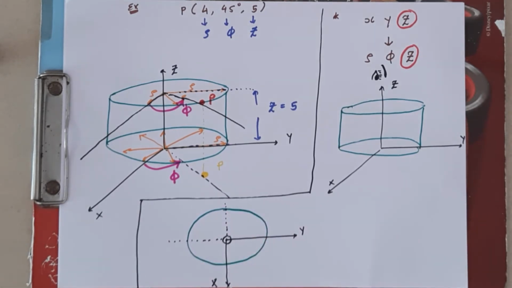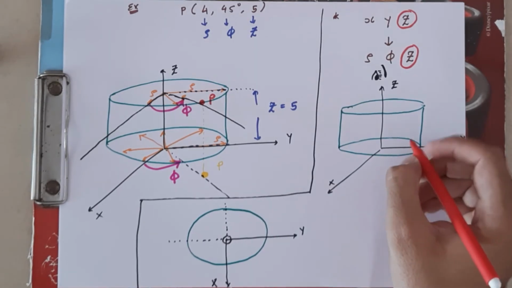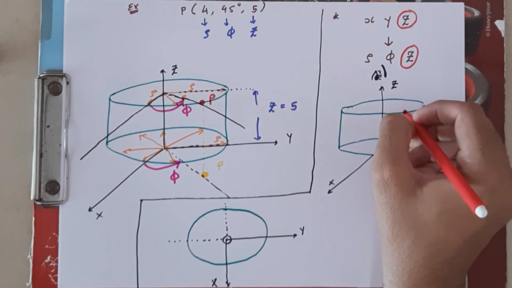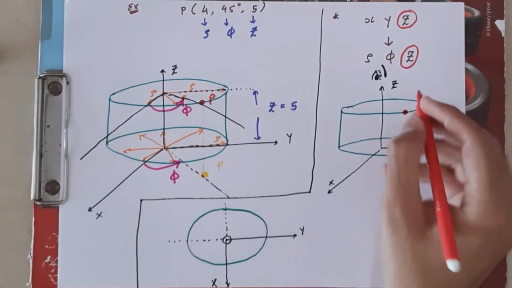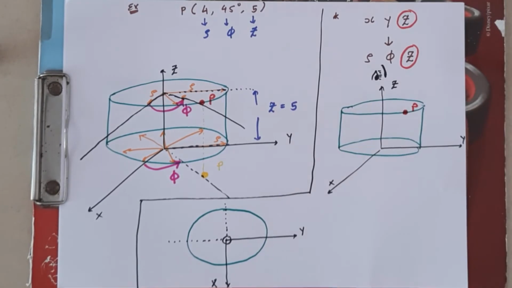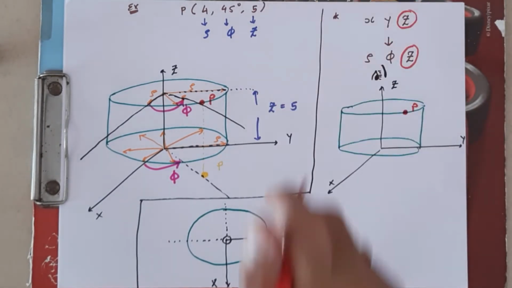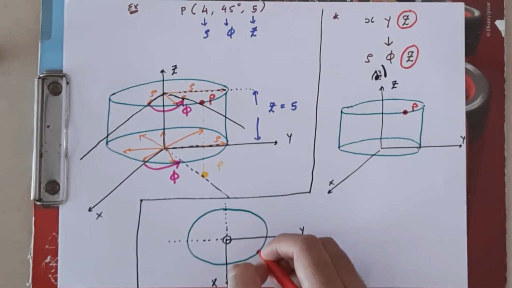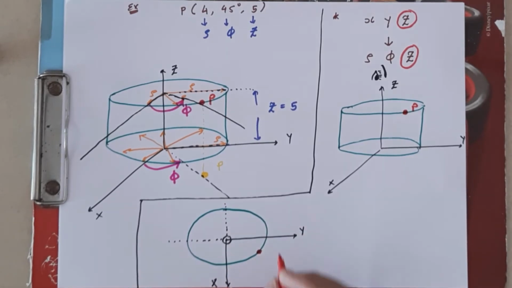Now suppose my point is located here. This one is the location of my point. But if I look from the top side, we will observe the point is present somewhere here, or the shadow of the point is present here. Clear? So this is the shadow of the point that I am interested in.